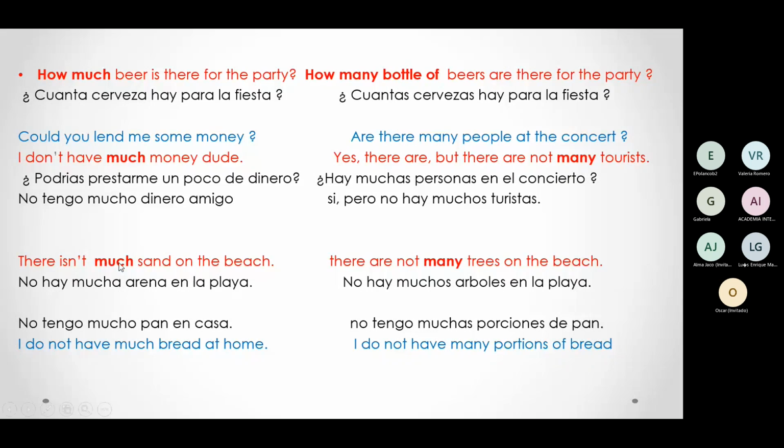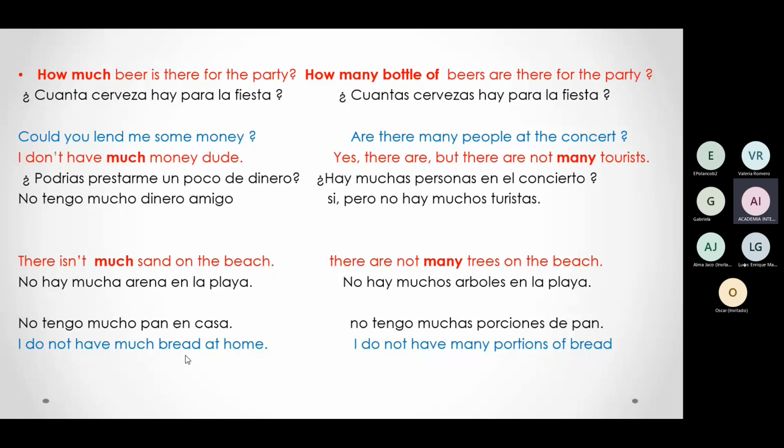So did you know that this word is uncountable in English? ¿Ya sabían eso? Did you know that? This word, bread, in English is an uncountable noun. We cannot say breads.